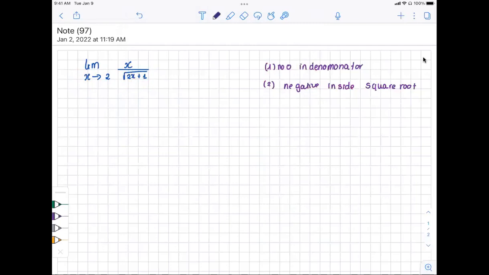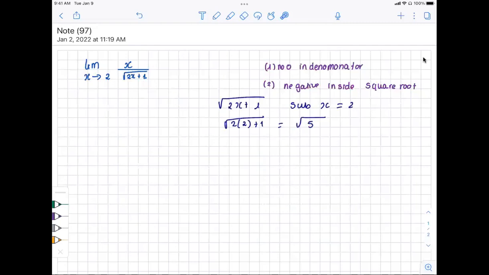So you can check: the square root of 2 times 2 plus 1, or in our case, the square root of 5. So this is 5. You don't have 0 in the denominator, right?